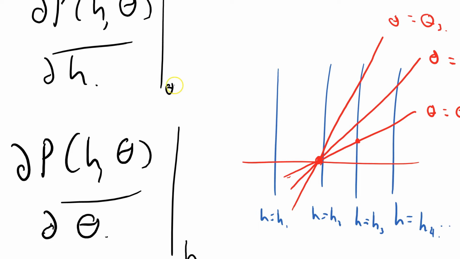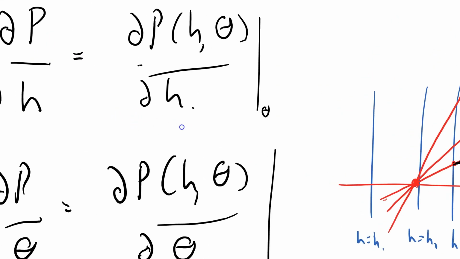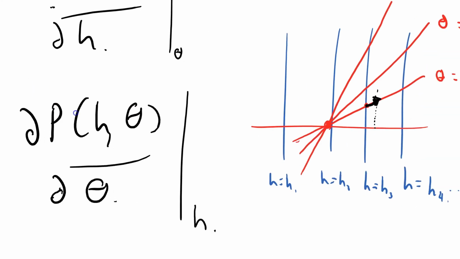So when I change h, I might go from that line to this line here, but I've got to maintain theta constant, so it climbs up this red line here because that's a line of constant theta. So that little axis there, that's what I mean by this basis vector here, ∂P/∂h.